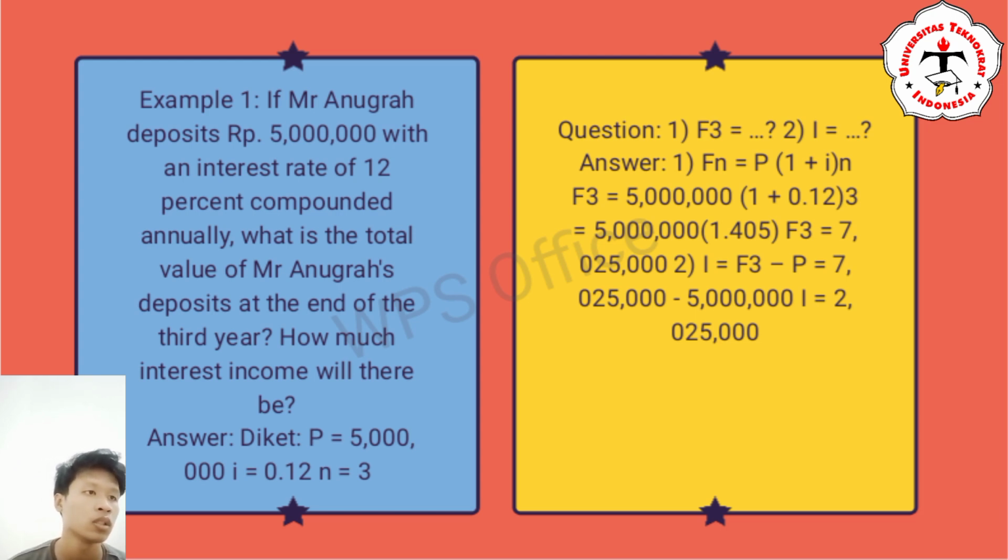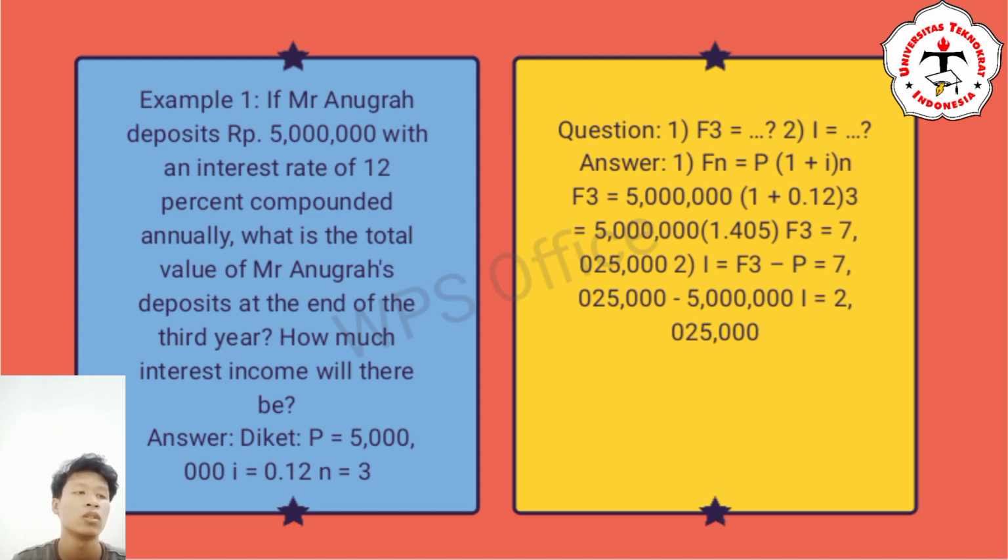Answer 1: Vn equals P times 1 plus i to the n. F3 equals 5 million times 1 plus 0.12 to the power 3 equals 5 million times 1.404928 equals 7,024,640, approximately 7,025,000.